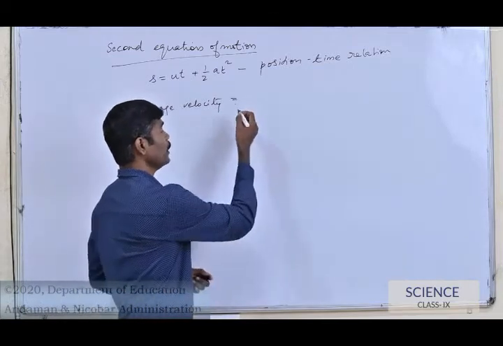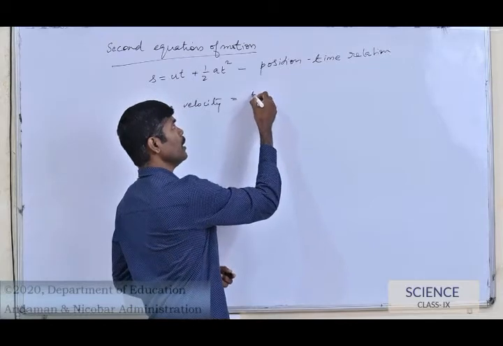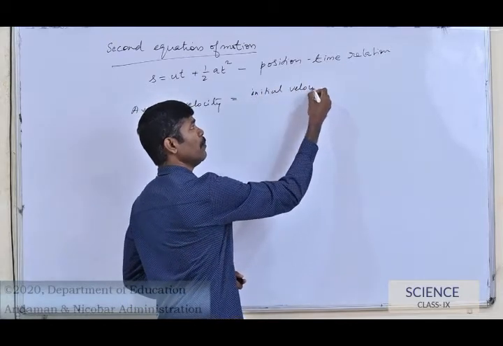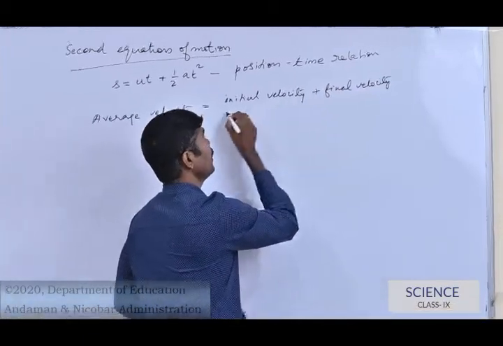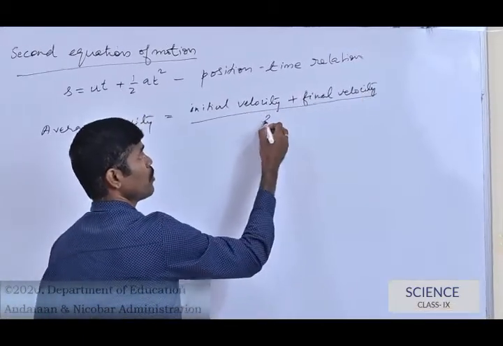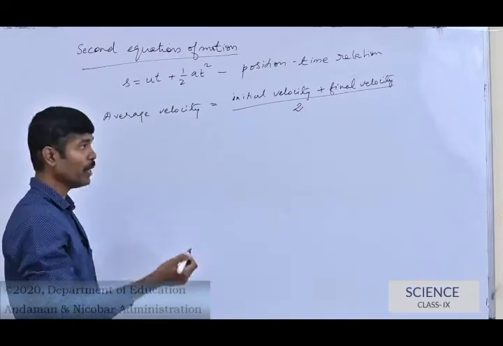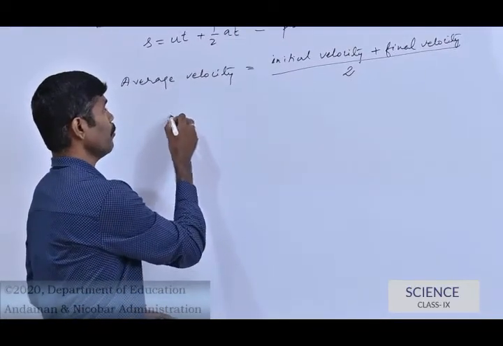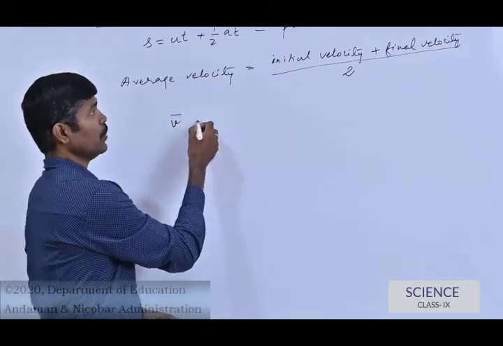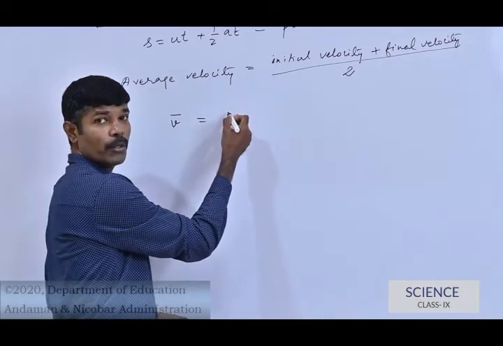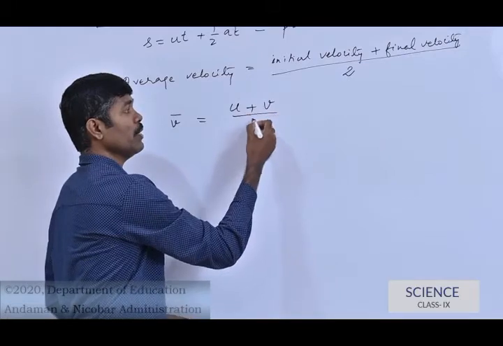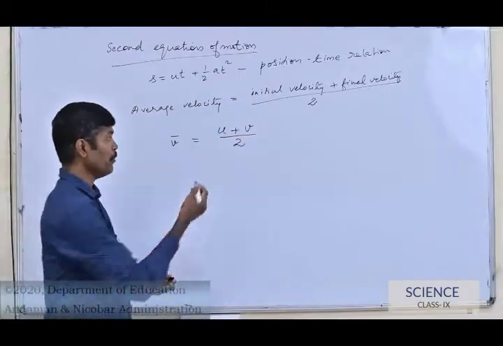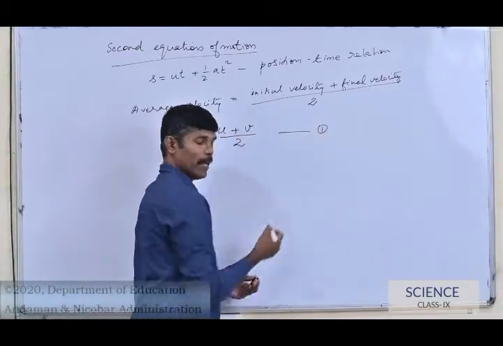So symbolically we can write, v average velocity is equal to u plus v divided by 2, where initial velocity is denoted by the letter u and final velocity is v. We take this as equation 1.